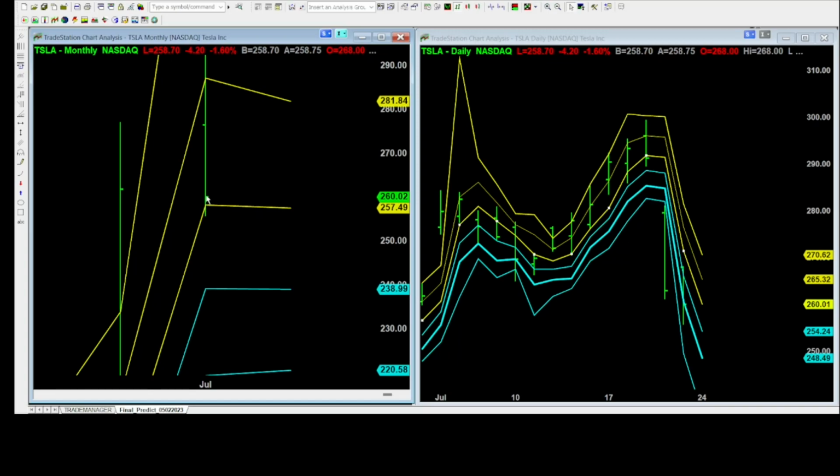So it could become a temporary support for this yellow trend line. It may have some kind of temporary rebound, but there is still a risk that it may break down through this yellow trend line.